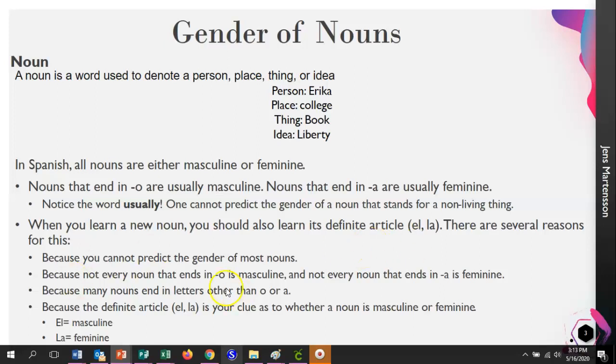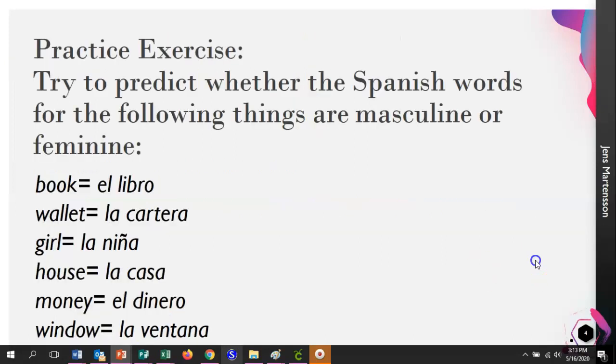Because you cannot predict the gender of most nouns, we do need the help of a definite article, because not every noun that ends in O is masculine and not every noun that ends in A is feminine. Many nouns end in letters other than O or A, and the definite article el and la is your clue as to whether a noun is masculine or feminine. El masculine, la feminine.